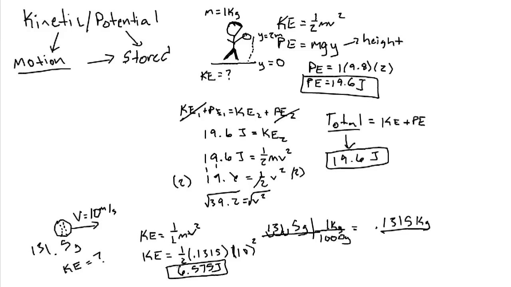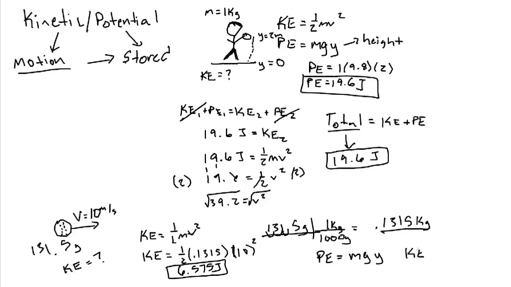That would be a pretty straightforward problem where I just ask you to solve for the kinetic energy. That is the gist of kinetic and potential energy. If I ask you for potential energy of an object, it's going to be its mass times gravity times the height, gravity being positive 9.8.